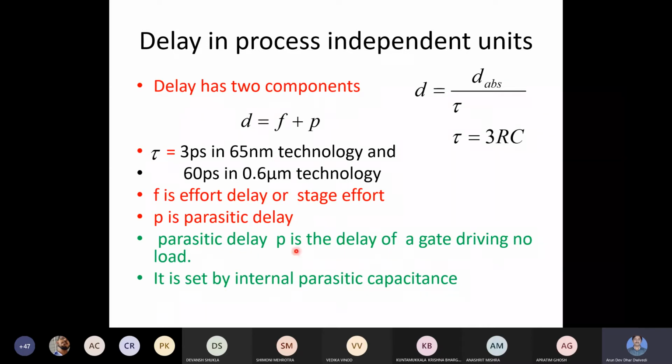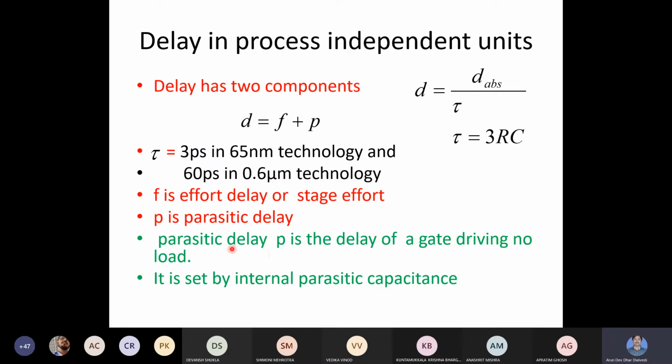So parasitic delay P depends on the gate driving no load. Means any gate is working, but it is not driving any load; its output is not connected to the input of any other stage. Only a single stage if you are considering.